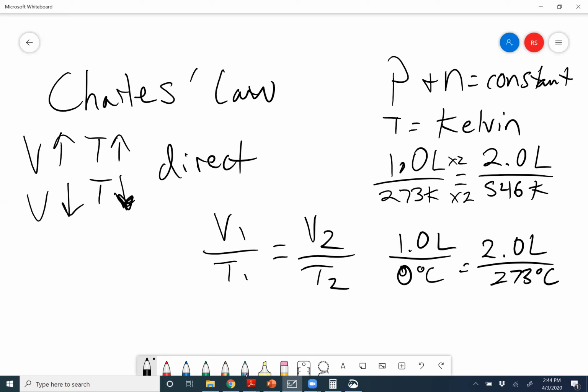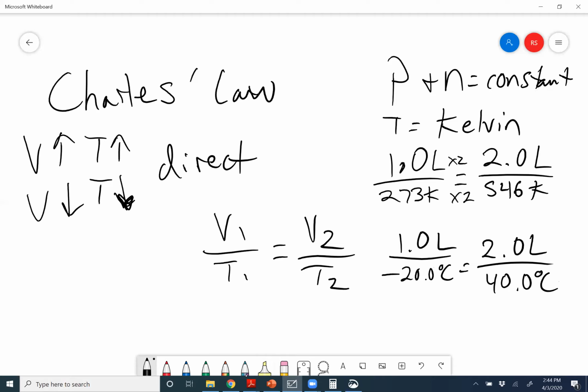The other problem was, what if this was a cold day and we came out and we did our problem at negative 20 degrees C? Well, you still heated it up. It still went from 1 liter to 2 liters, but it didn't say positive 40 down here, because that would be what the math would suggest, right?